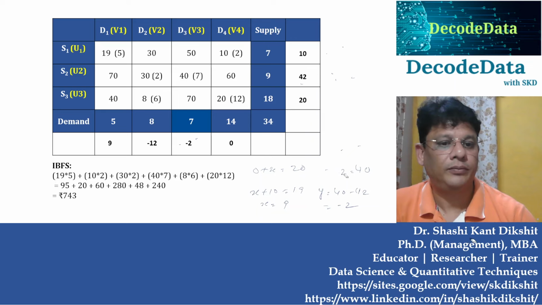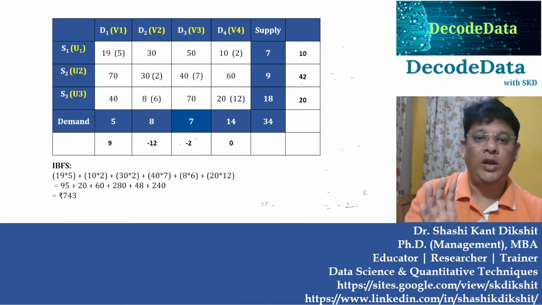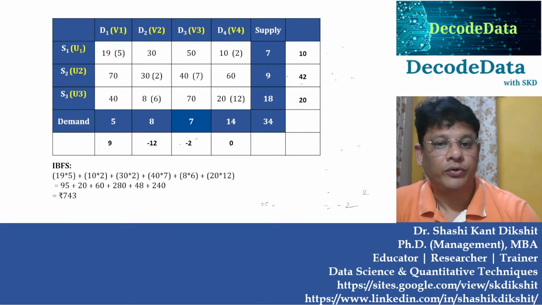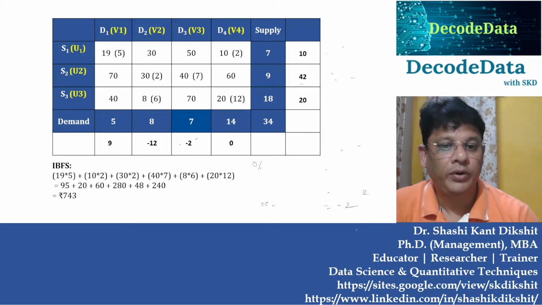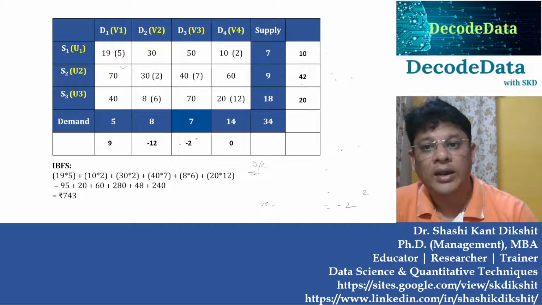Fine. Now, so value of U and V is there. Now we have to calculate the opportunity cost, right? Opportunity cost we will calculate for unallocated cells. Clear? Just mind it, unallocated cells.